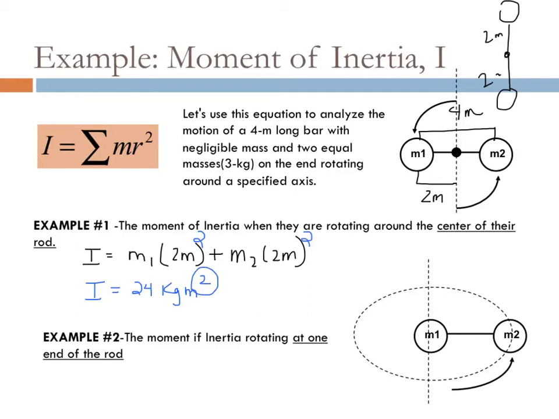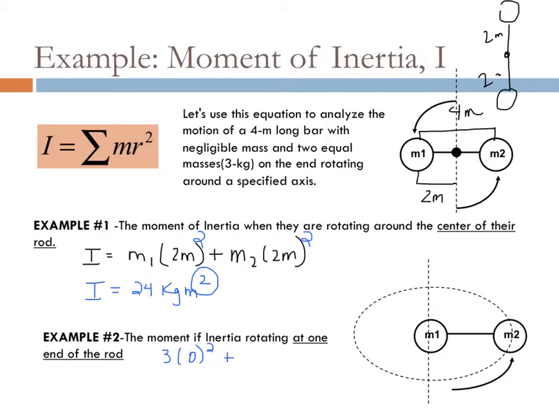Now for this second example, it says a moment of inertia rotating at one end of the rod. So now my r has changed. Now my masses have not. So my mass is still 2 kilograms, actually 3 kilograms. And for mass 1, it is 0 meters away from its axis of rotation because it's actually rotating about m1.